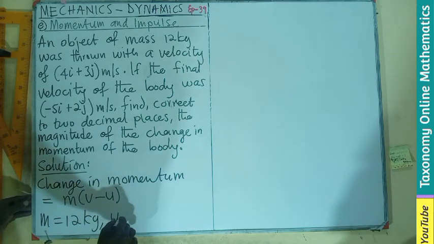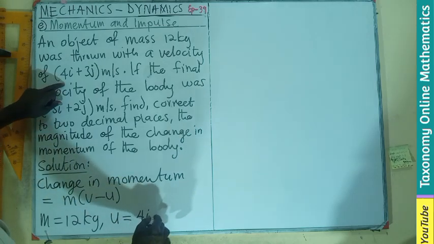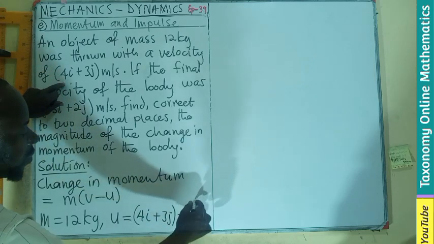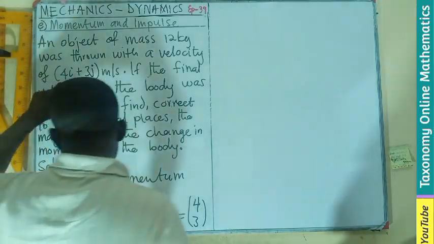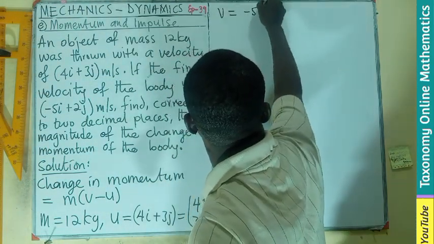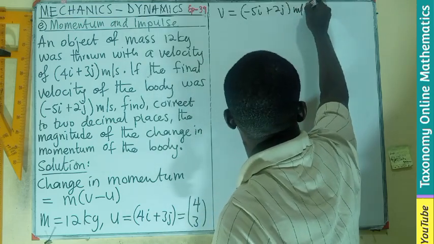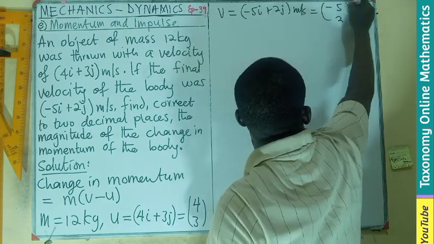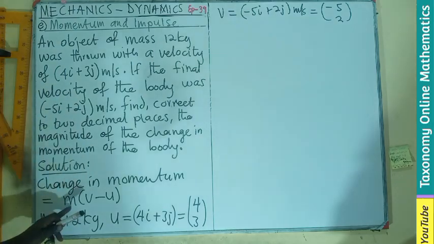The initial velocity is 4i plus 3j, giving us 4 on the x-axis and 3 on the y-axis. Then we have our final velocity as negative 5i plus 2j, still with the same unit, which is negative 5 on the x-axis, then 2 on the y-axis.